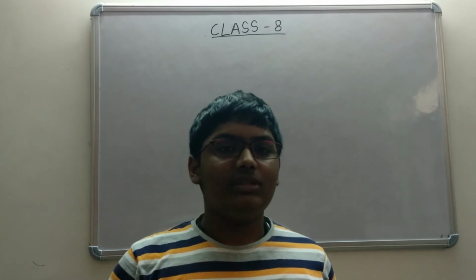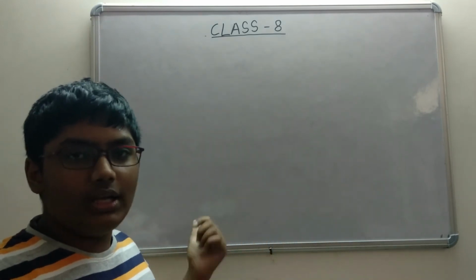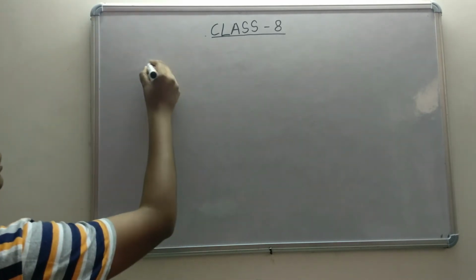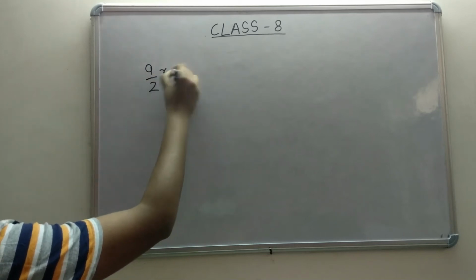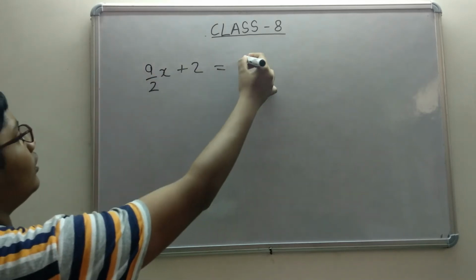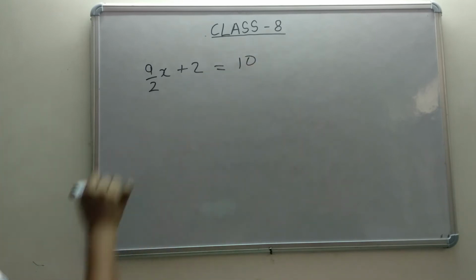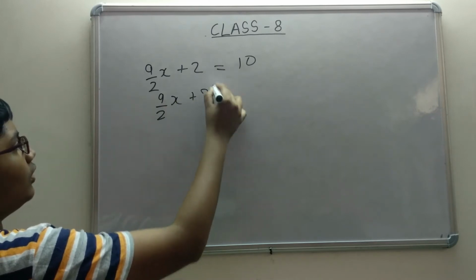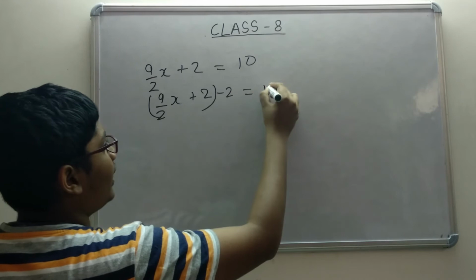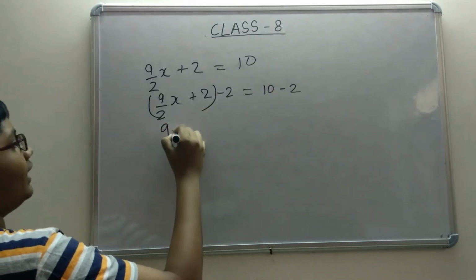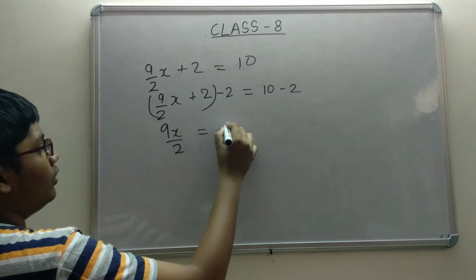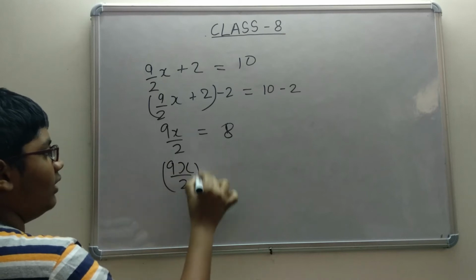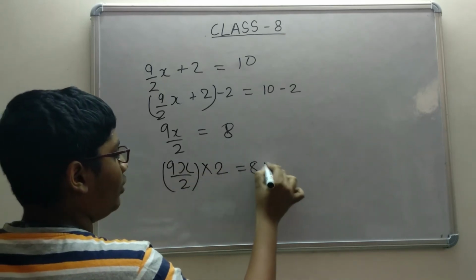So our first exercise was based on this question only, which I told you: x plus 2 is equal to 7. Now, for example, I have 9 by 2 x plus 2 is equal to, let's say, 10. So minus 2 on both sides: 9 by 2 x plus 2 minus 2 is equal to 10 minus 2. So 9x by 2 is equal to 8. Now 9x by 2 in brackets into 2 is equal to 8 into 2.